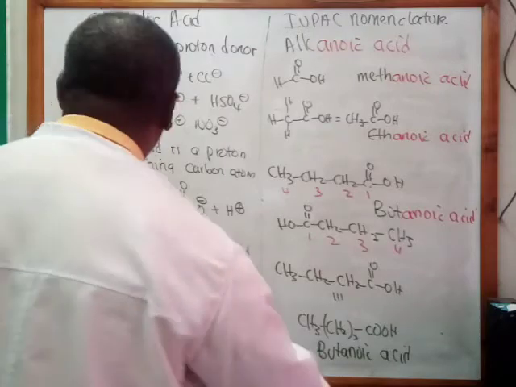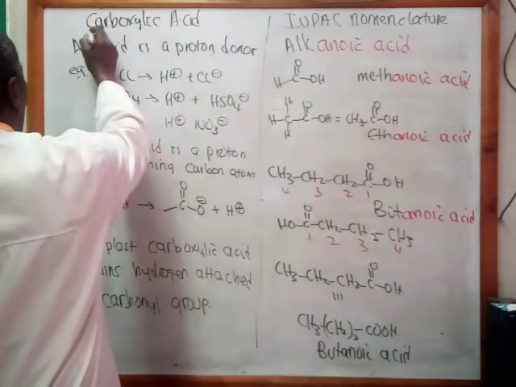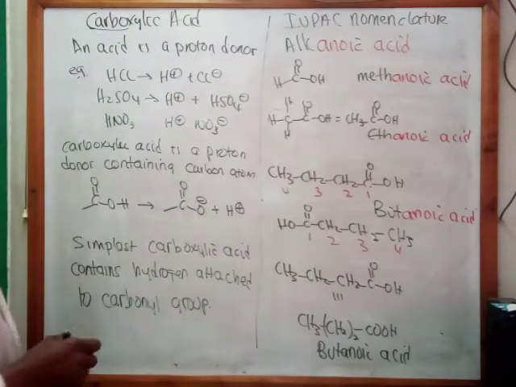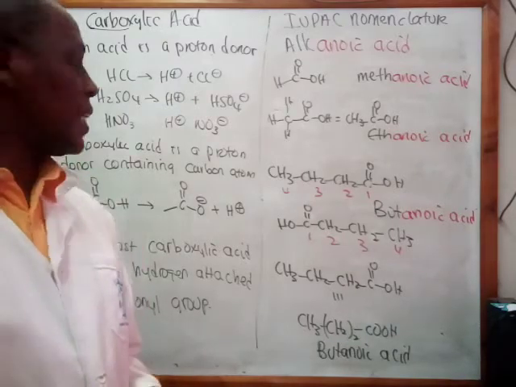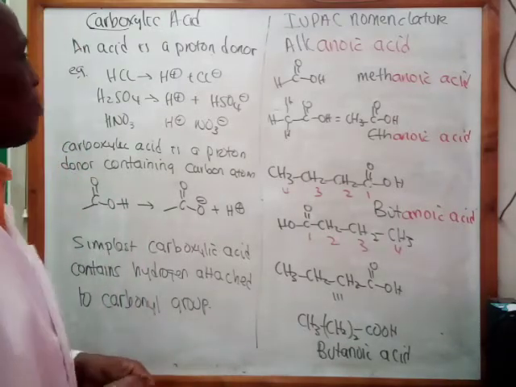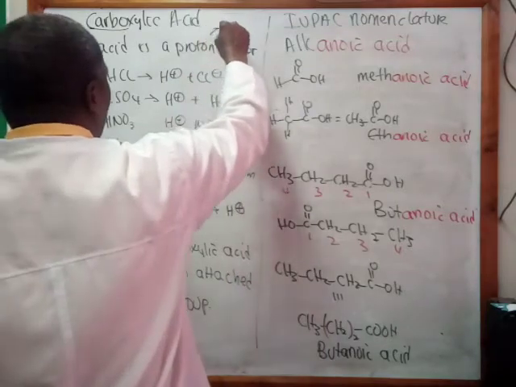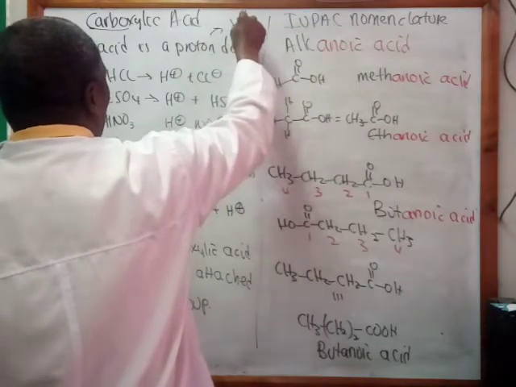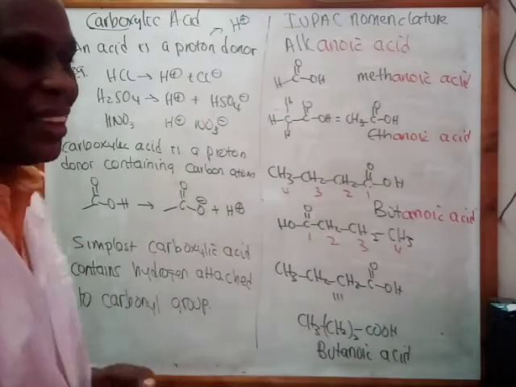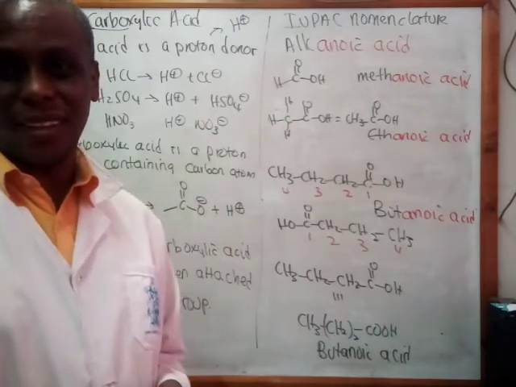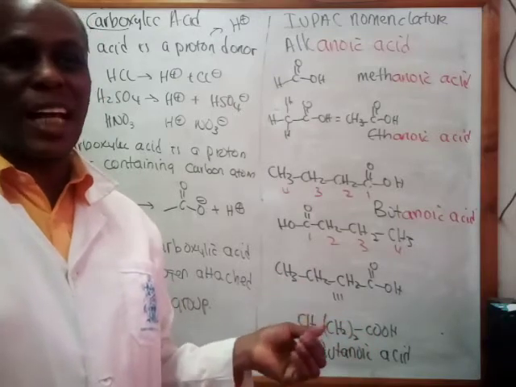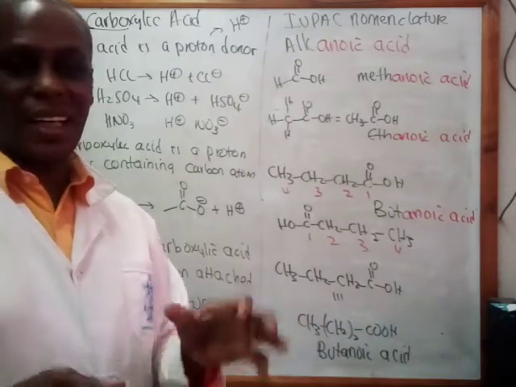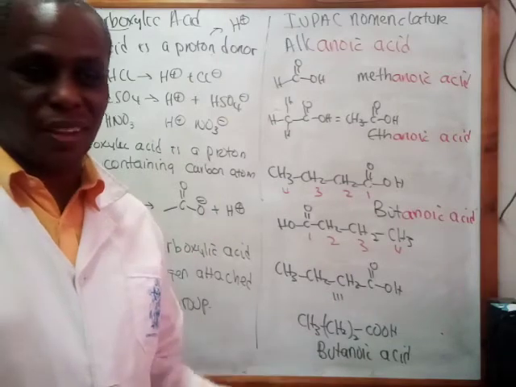As the name implies, they contain what? They contain a carbon atom. Now, an acid is a proton donor. Any reason as to why H plus is said to be a proton? I think by now you know that the hydrogen atom contains a nucleus containing the proton.